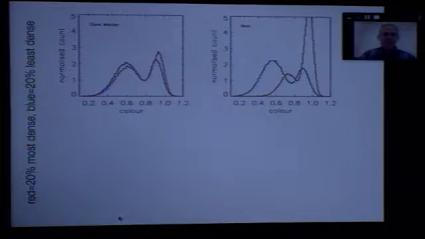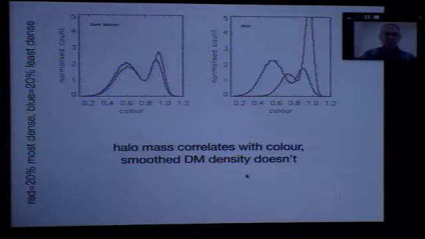This figure just shows, again, the most dense and least dense, where environment is characterized by dark matter to work out those 20%, or halo mass to work out those 20%. And what's nice about this is what we already know, that halo mass correlates with galaxy color. Right? I'm plotting the color here.